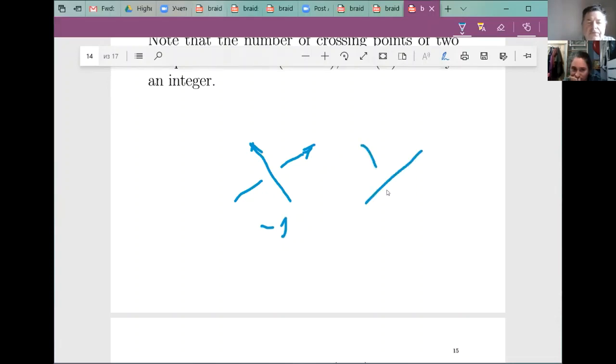And if these diagrams are connected like this, then you put +1. So what does it mean?